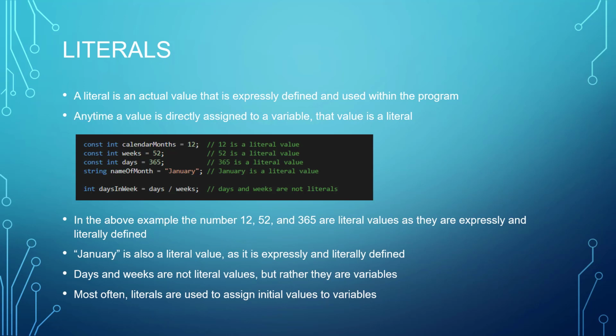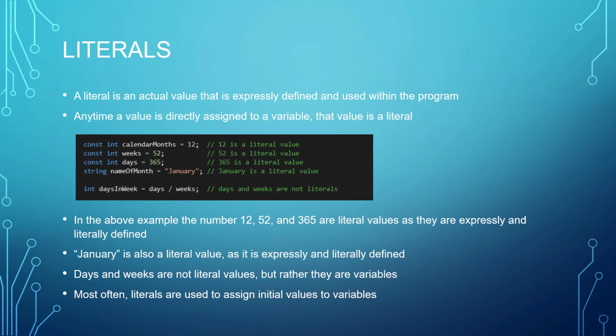It's the number 12. The same thing as we declared a constant integer and we named it weeks. We assigned a literal value of 52 to that variable. Once again, we declared a constant of type integer. We named it days, and we assigned a literal value of 365 to the days variable.